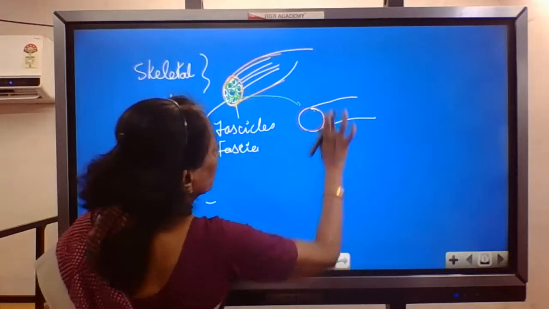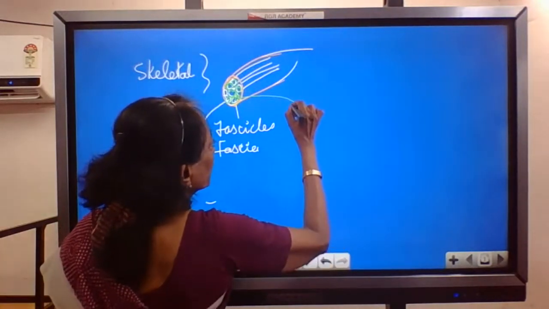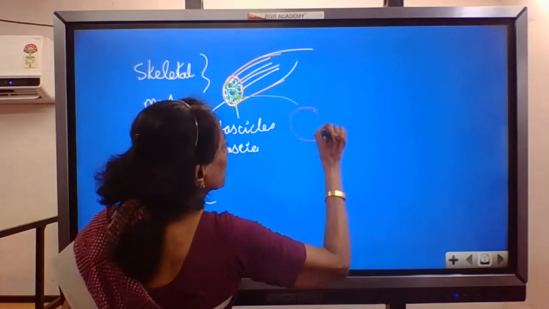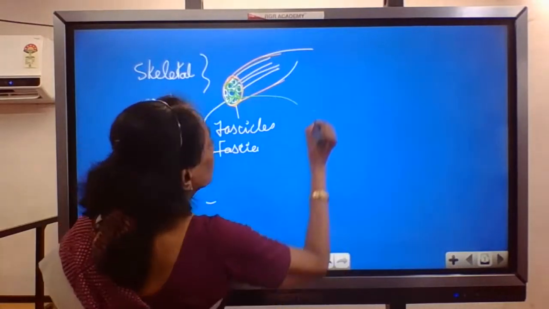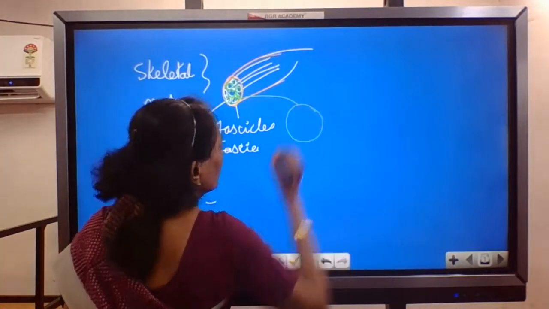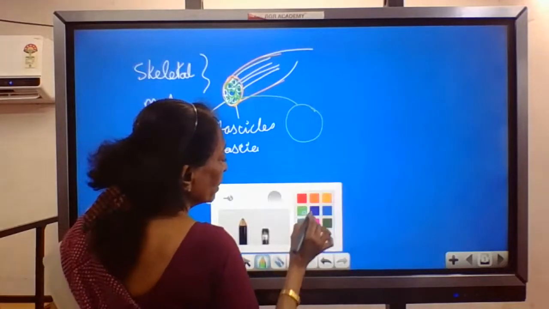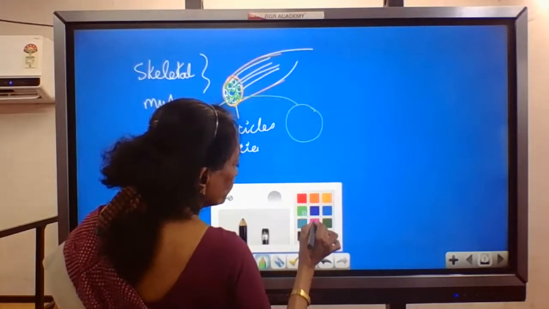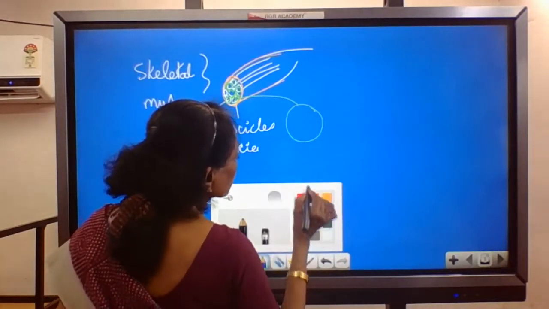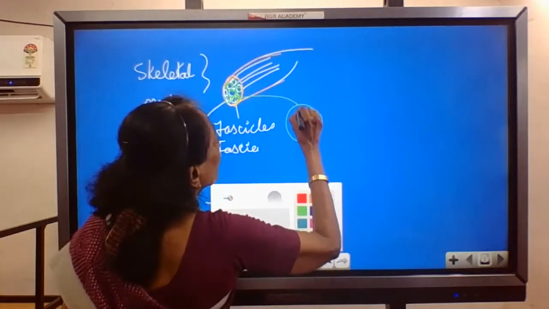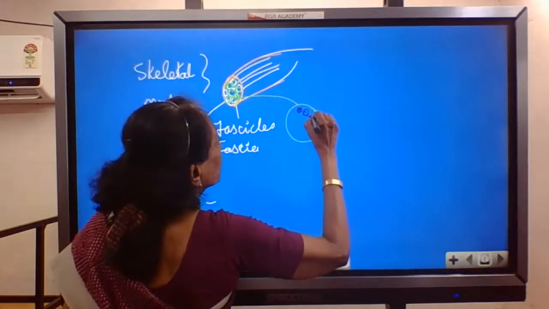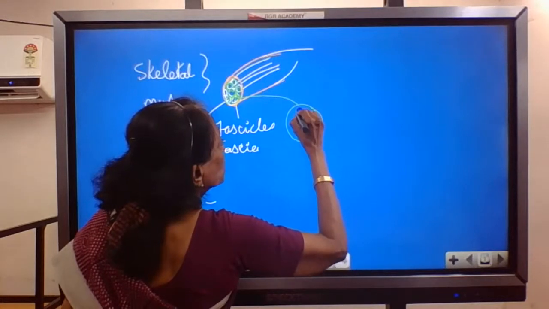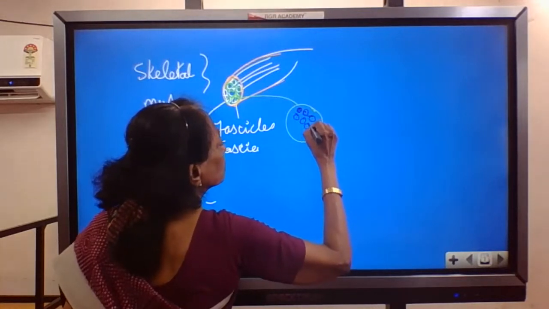Now each bundle in turn has got, this is a fascicle. Inside each fascicle, you have got a number of fibers. These are the fibers inside, the muscle fibers. Each muscle fiber is a cell.